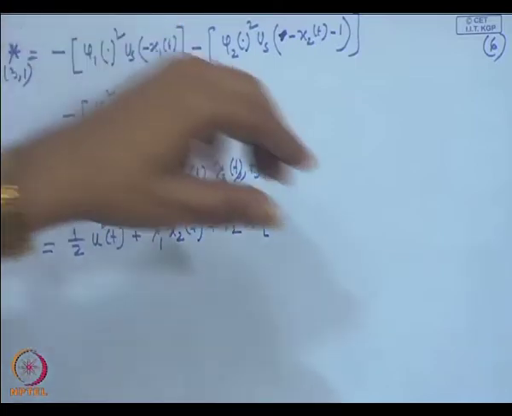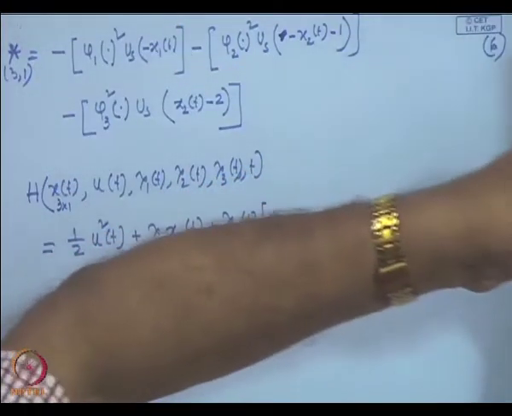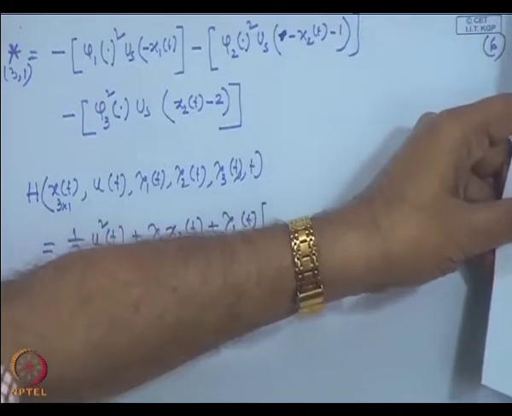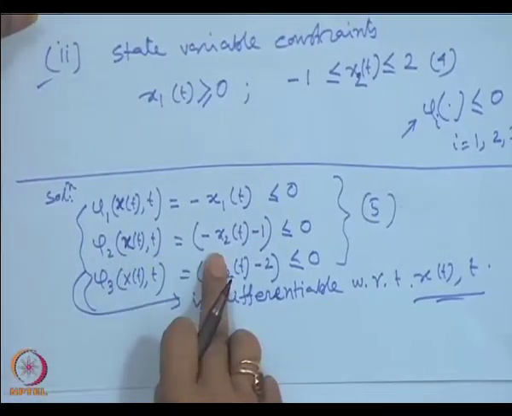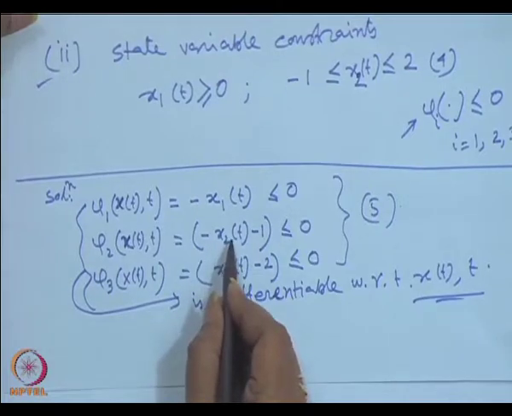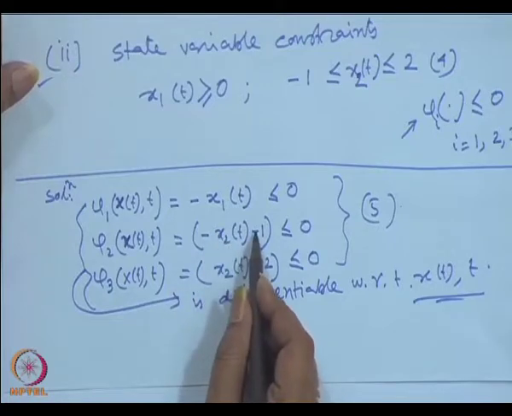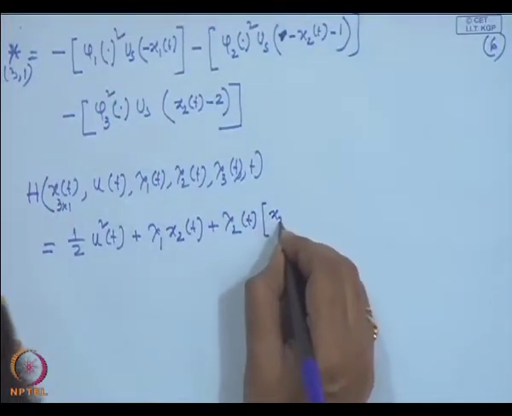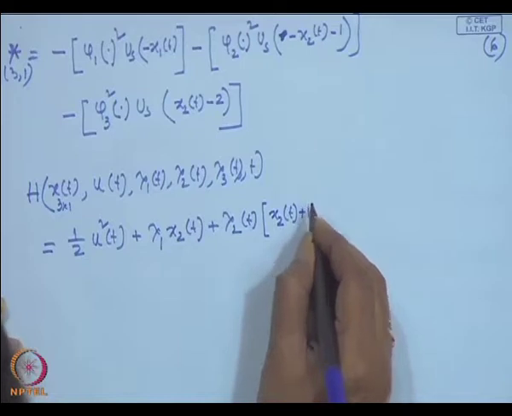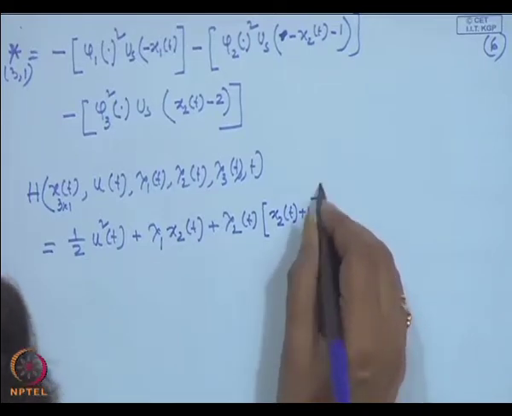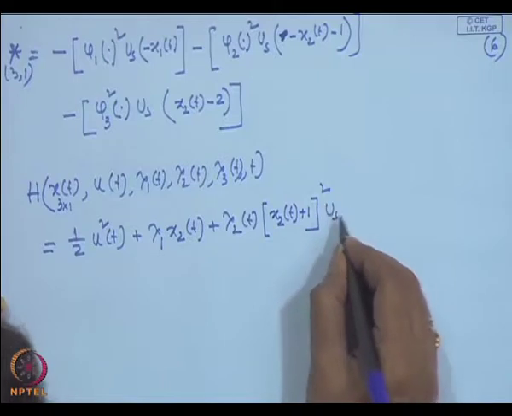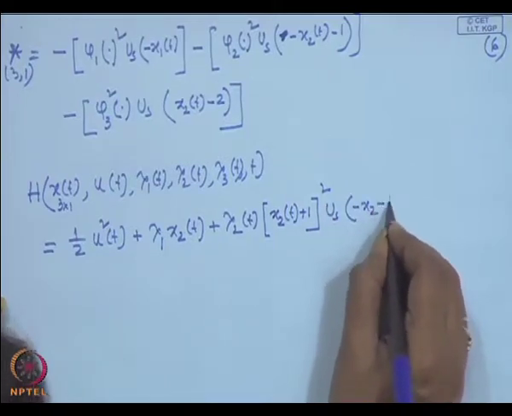The psi 2 value is minus x 2 minus 1. So, if you take the minus common, it is x 2 plus 1 whole square u s minus x 2 minus 1.